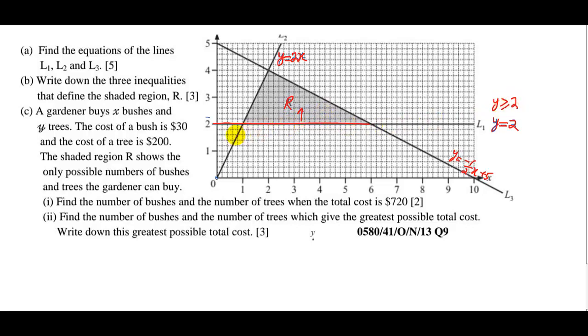And line 2, this is also a boundary of the region, and the region is towards this direction. When we move towards this, you can observe the values of x keep on increasing. So the inequality is x is greater than or equal to y.